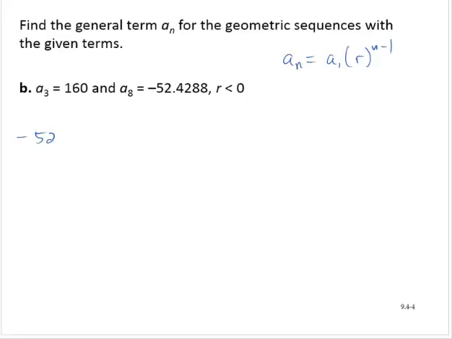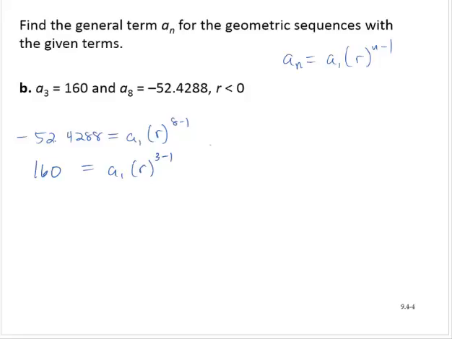Negative 52.4288 is equal to a sub 1 by r to the 8 minus first power. And my second equation would be 160 is equal to a sub 1 by r to the 3 minus 1.